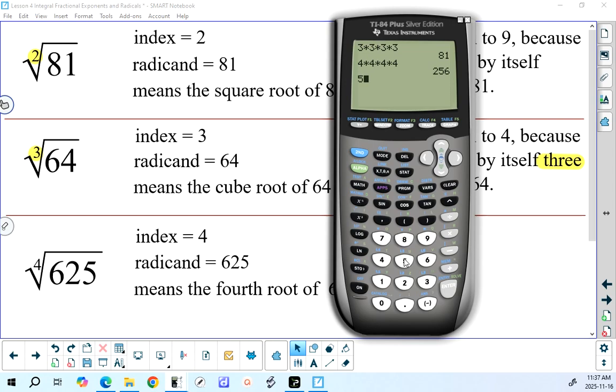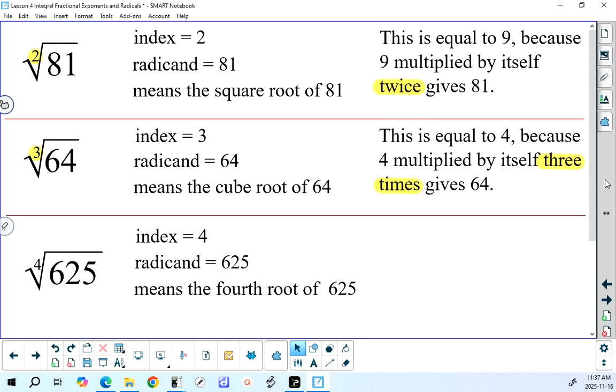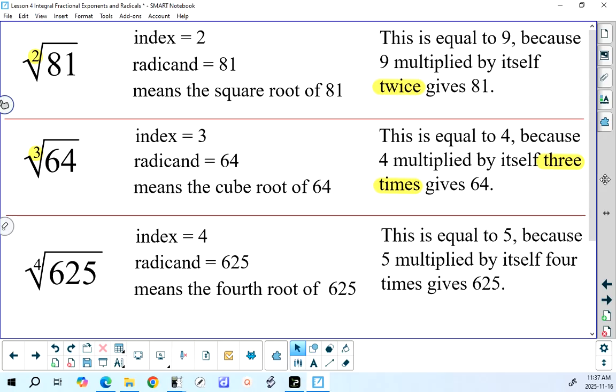If we try 5, 5 times 5 times 5 times 5, we get 625. Of course, you can abbreviate that by trying 5 to the 4. So it's equal to 5 because 5 multiplied by itself 4 times gives you 625.